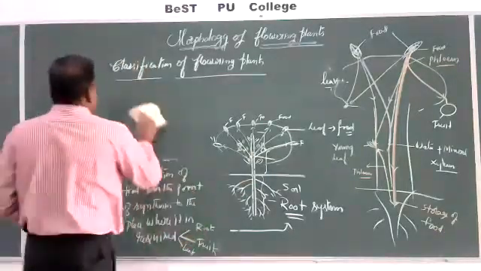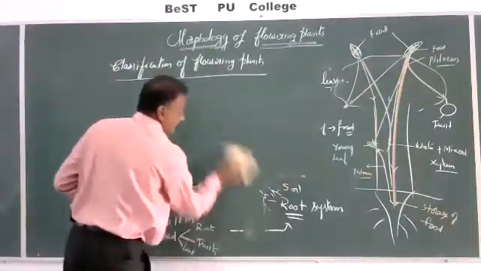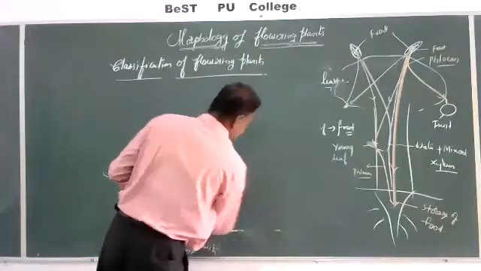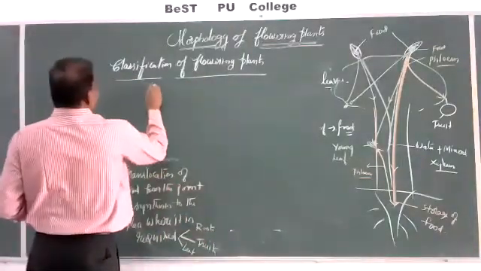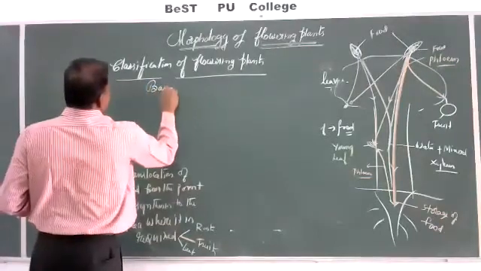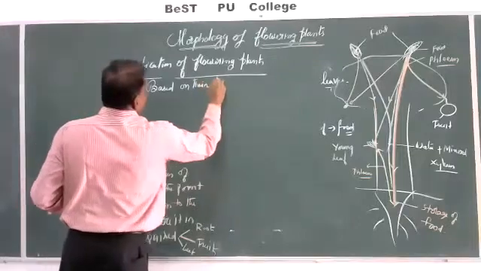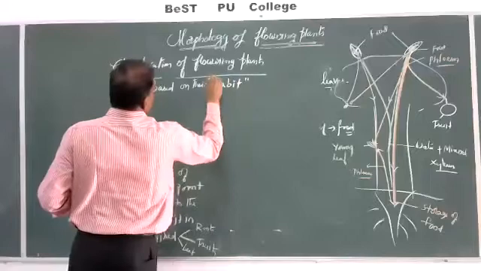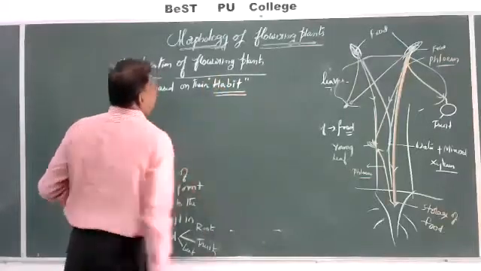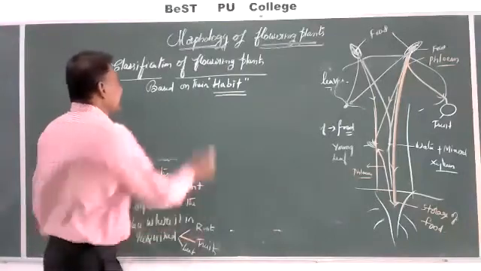First one is classification of flowering plants based upon their habit. First question comes here, habit.